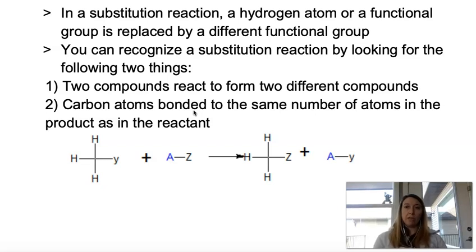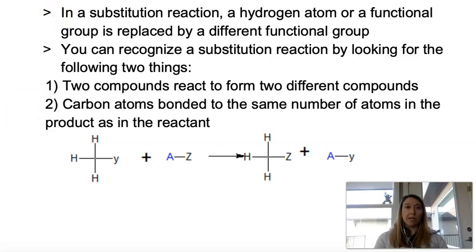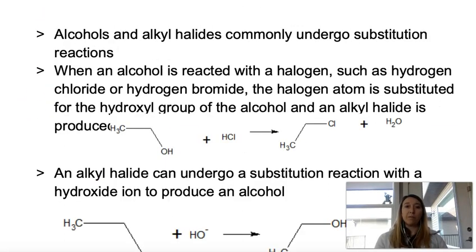So when we look at substitution, there are definitely some specific requirements for these reactions to be able to occur. Some of them happen quickly, some of them happen slowly. What's going to determine that is basically what type of substitution reaction we are looking at, okay? So we saw alkyl halides and alcohols were able to undergo elimination.